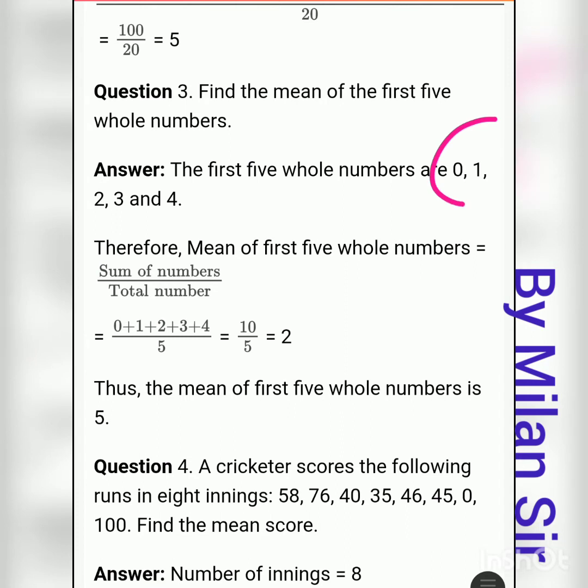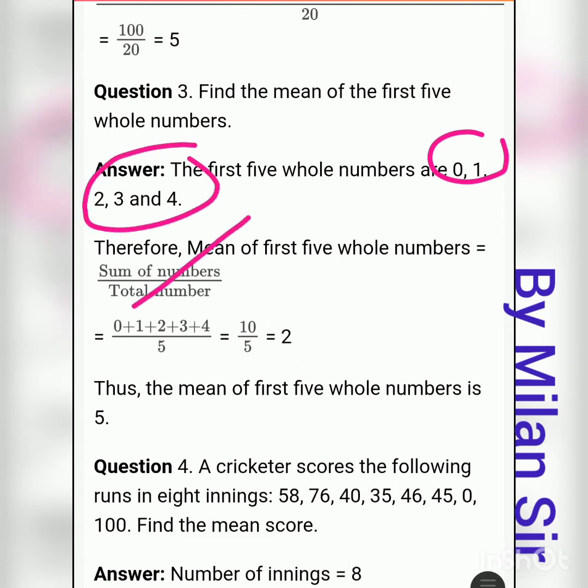Total 5 numbers are there, 1, 2, 3, 4 and 5, so in the denominator 5. And in the numerator the sum of the numbers, that means we need to find the addition: 0 plus 1 plus 2 plus 3 plus 4.